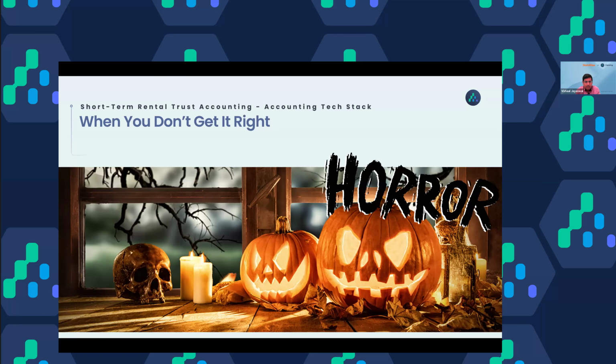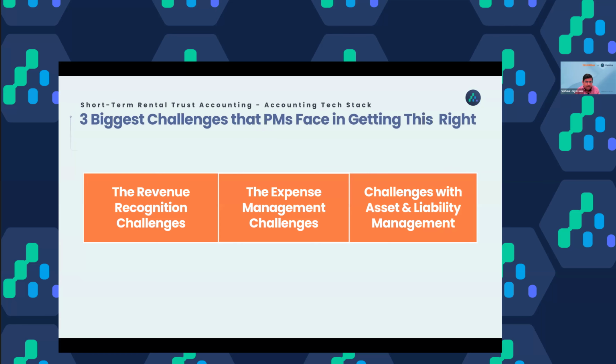Now that we've established how important this is, let's try to understand the challenges that property managers face in getting this right. We see three pervasive challenges in STR accounting. The big challenge number one is the revenue recognition challenge. Challenge number two is the expense management challenge.